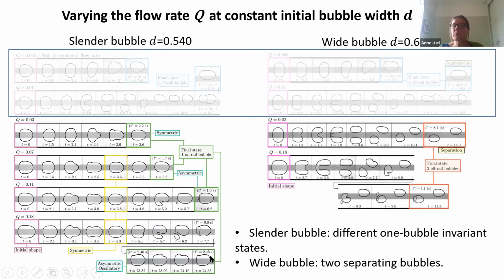So the behavior is very predictable, and sort of kind of what we would expect. Now, for the wide bubble, however, we never reach any of these stable states that are available, and instead we always break up into 2 bubbles, 2 separating bubbles.